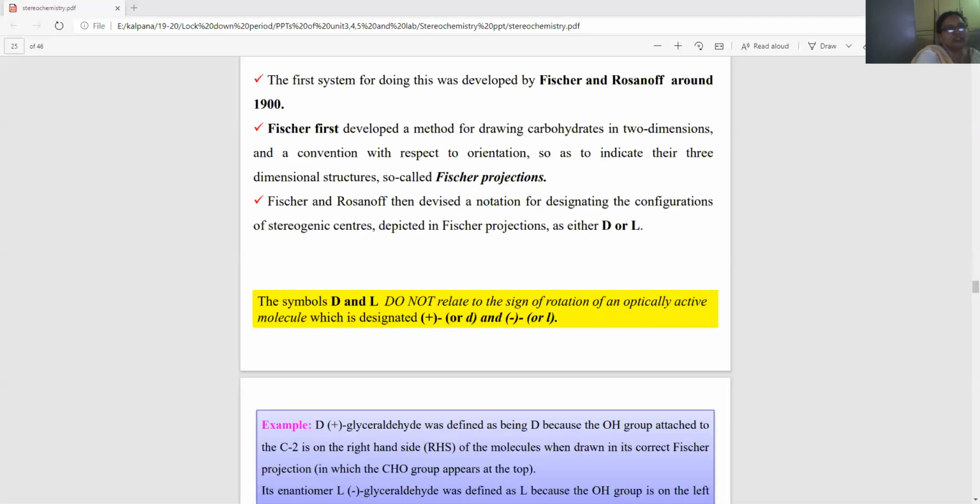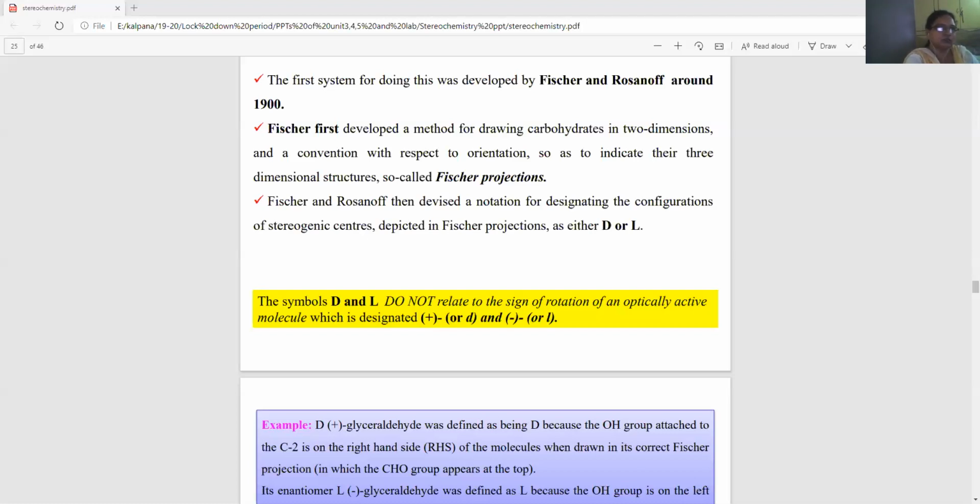Then angle strain. This is strain that arises when a bond angle is either compressed or expanded compared to its optimal value. For these conformations, take the dihedral angle, the angle created by two intersecting planes. If I show you diagrammatically, you can understand easily, so I have taken this from the internet.